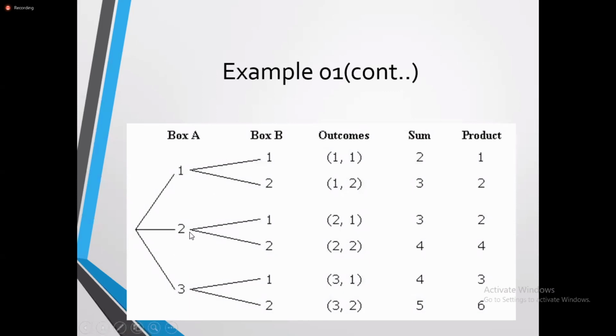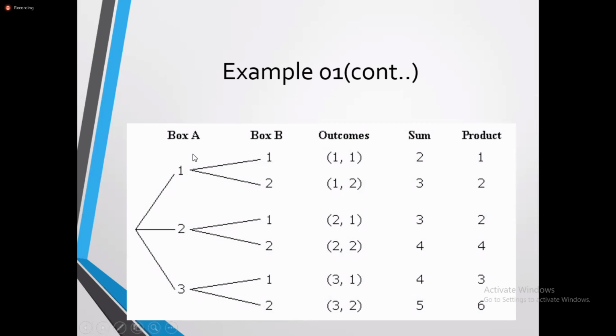Likewise, if we get number 2 from box A, what are the possible outcomes for box B? We may get either 1 or 2. Likewise, if we get number 3 from box A, again we may get number 1 or 2 from box B as well. Understand?